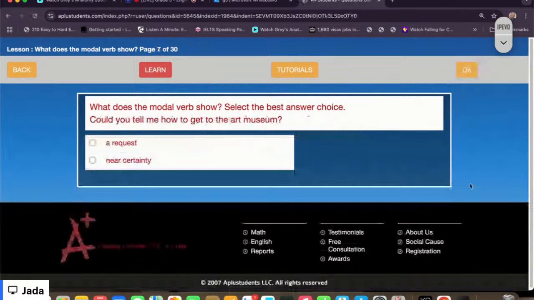So could you tell me how to get to the atmosphere? A request or a near certainty?